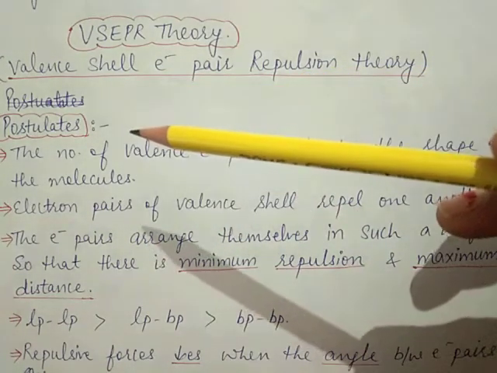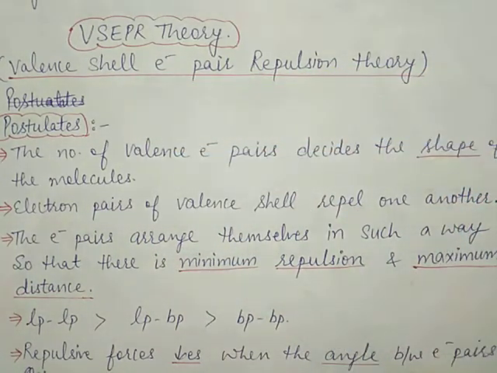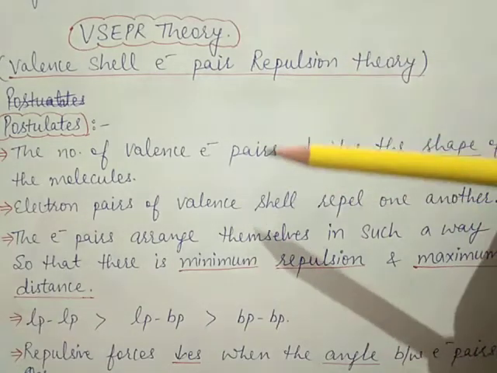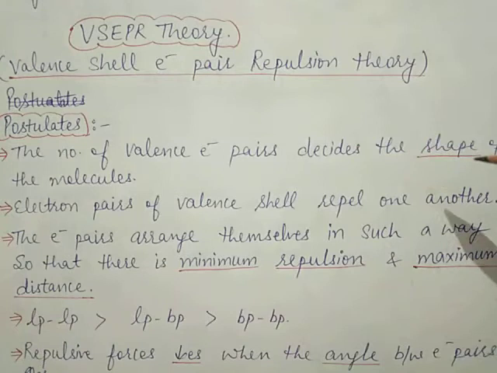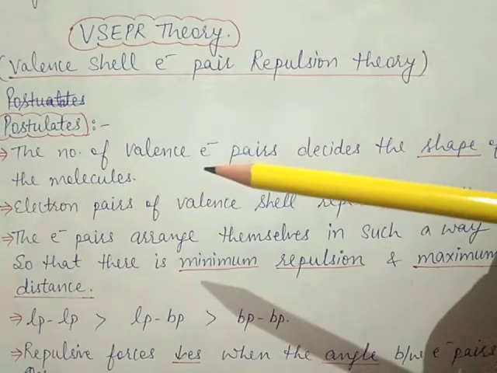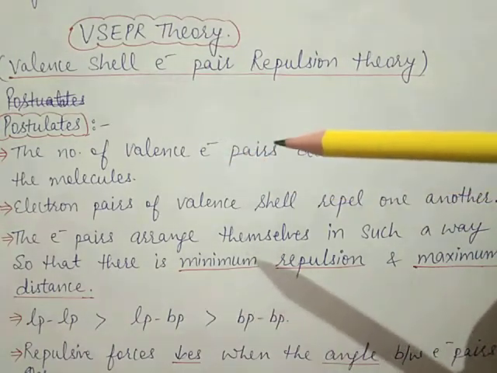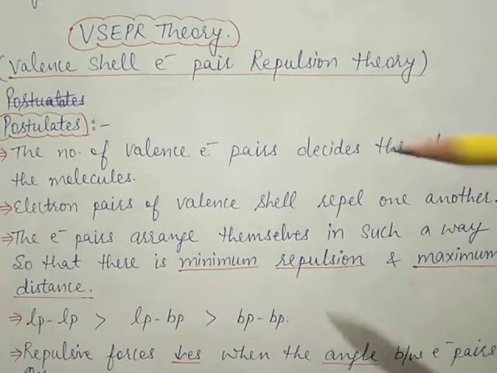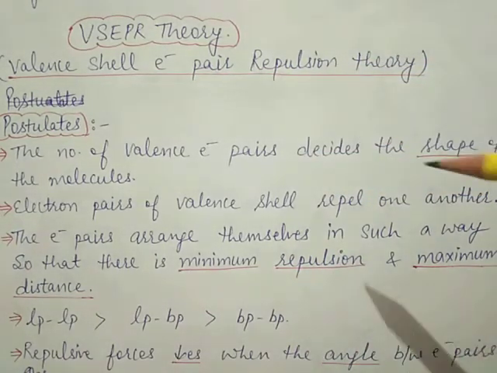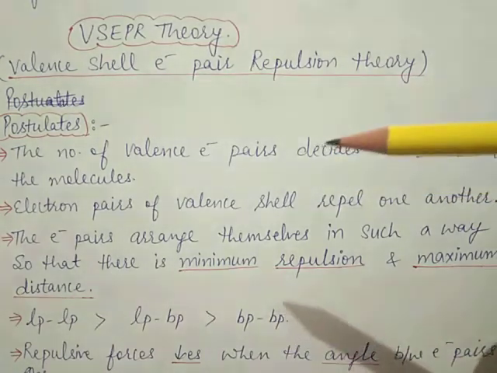The postulates of this theory: the number of valence electron pairs decides the shape of the molecule, meaning the electron pairs present around the central atom decide the shape of the molecule.